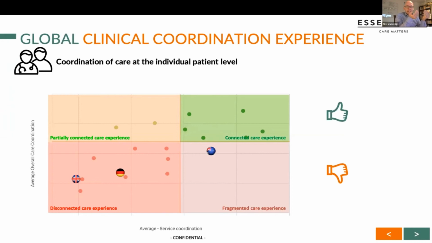So again, this tells us something. Okay, policy-wise, we might be thinking we're heading in the right direction, but that is not by definition the same as patients might experience it across the care continuum. And this is particularly interesting to start looking at what are the top performers here, and what do they do differently in their approach.